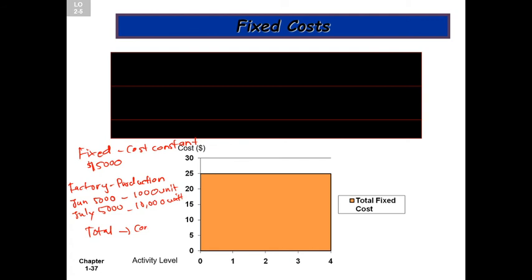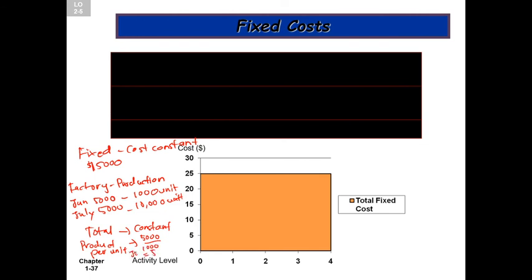So from here we know that the total amount is constant. But what if you want to trace this electricity cost into each unit of product? Per unit in June, 5,000 divided by 1,000 is $5.